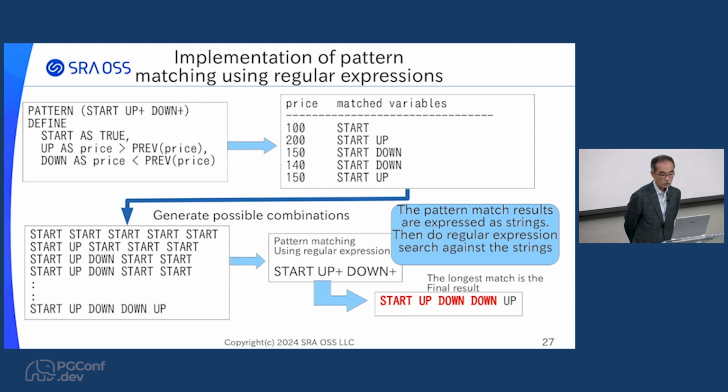Also, the plus in the regular expression requires finding the longest match. So we need to do the regular expression search over the entire set of matching combinations. And finally, we find that start, up, down, down is the result. This is how the RPR matching engine works.